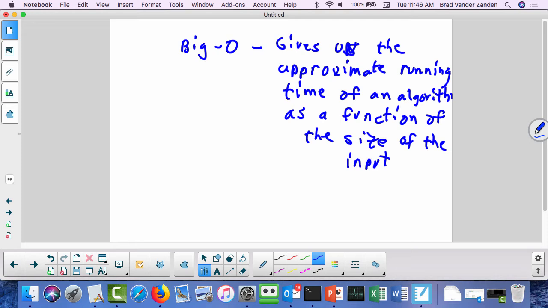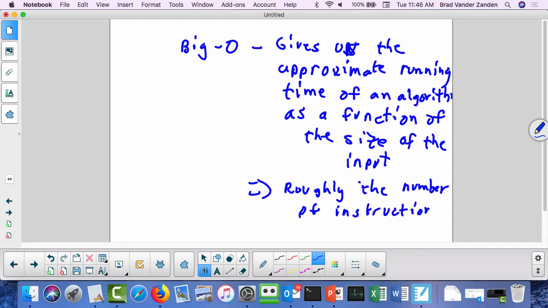So the running time is really roughly the number of instructions that get executed. And on the last day of class in April, we'll talk about how we count the number of instructions. Today, we're just worried in general about introducing BigO notation so that you know what I mean when I write BigO of something.